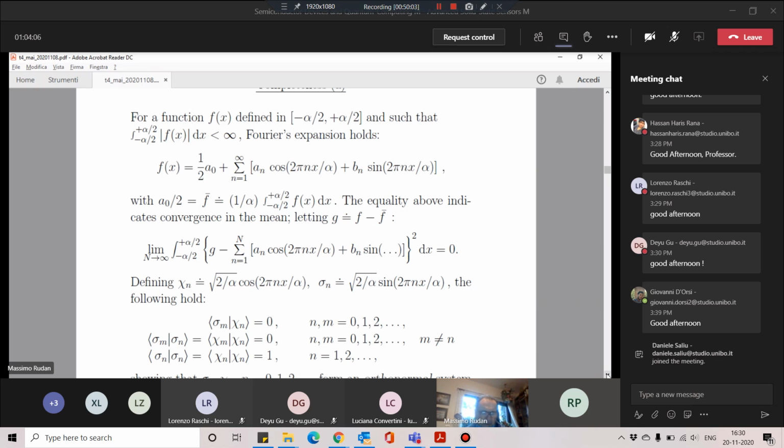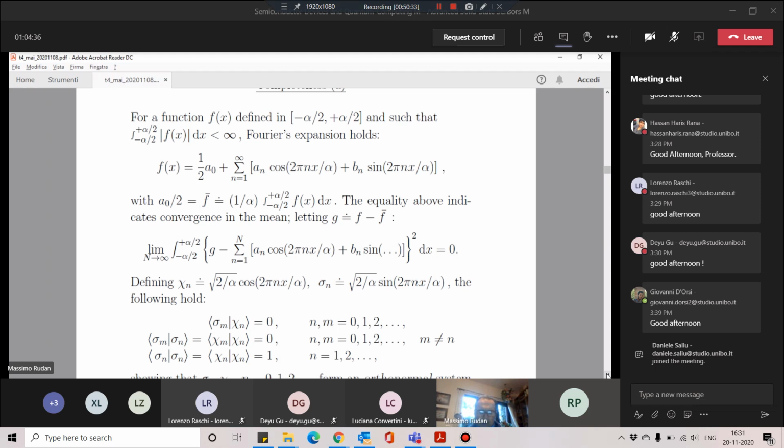Also, if we take sigma and multiply scalarly sigma by itself, you obtain 1. And similarly by taking chi. So the two sets, chi and sigma, actually form a single set of functions, and these functions are mutually orthogonal. Any pair of them is orthogonal.